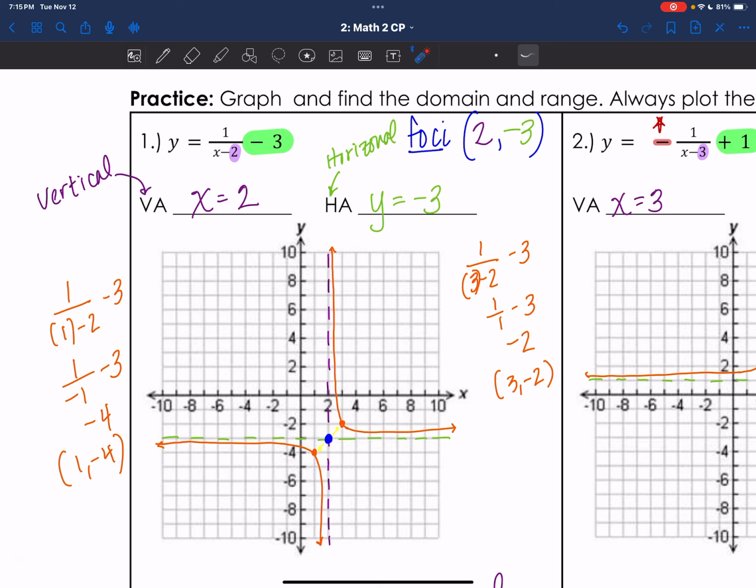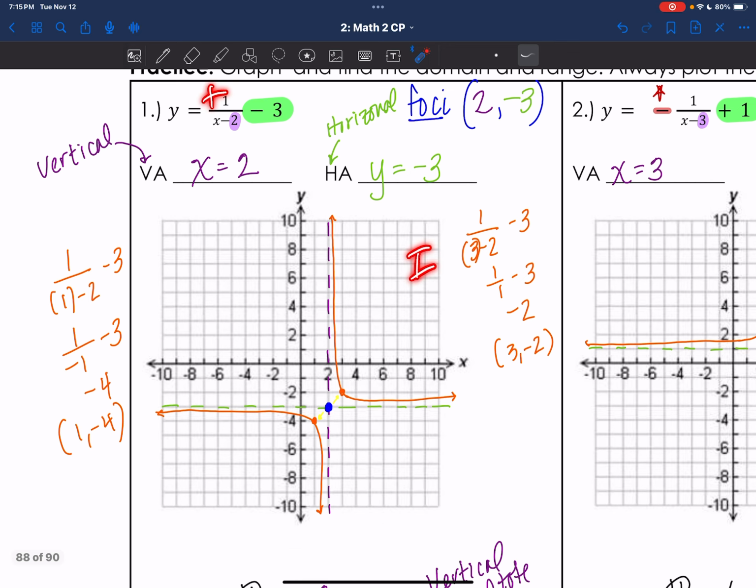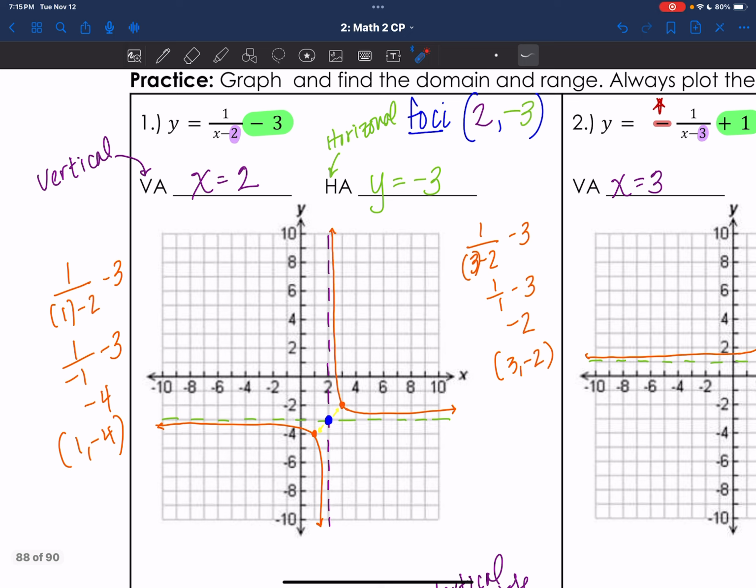And now to figure out where to plot it. Well, first off, a is positive, so we know it's going to be in quadrants 1 and 3. So that's one hint. And then also what I do, truthfully, is I just pick a point that's to the right of where the focus is, and then I pick a point that's to the left, and I substitute it into the equation up here. So here is where you plug in your points.